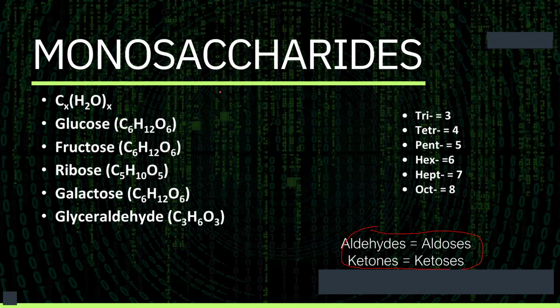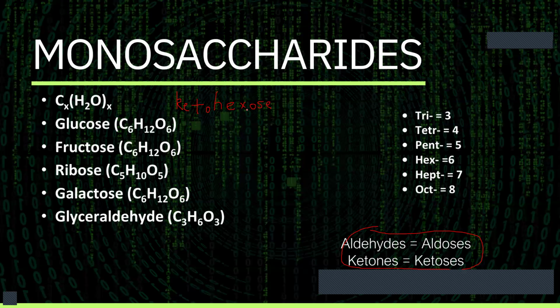So that means it is a sugar with six carbons and has a ketone functional group. That would be a keto, hex, ose. So there's our information about our functional group.